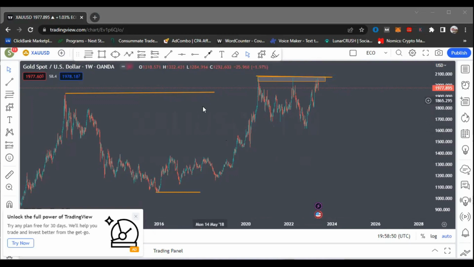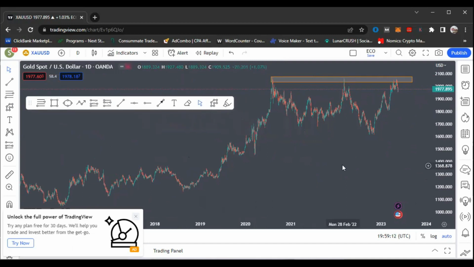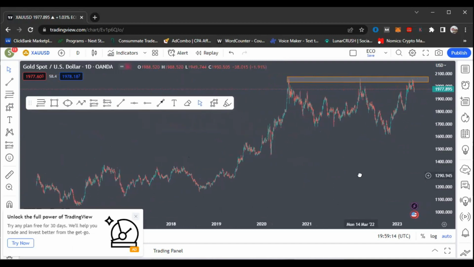With respect to our daily time frame, we have still not broken above this high. That's why we created this low, created this high. We've still not broken above the previous high to get a new high. So price is still in the balance there.